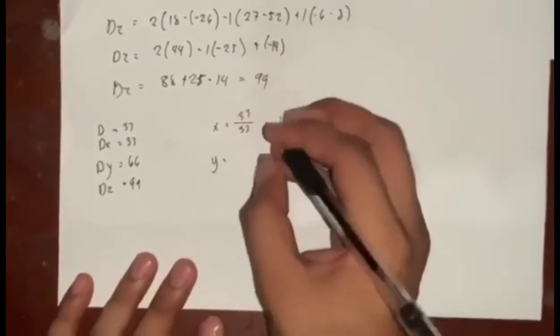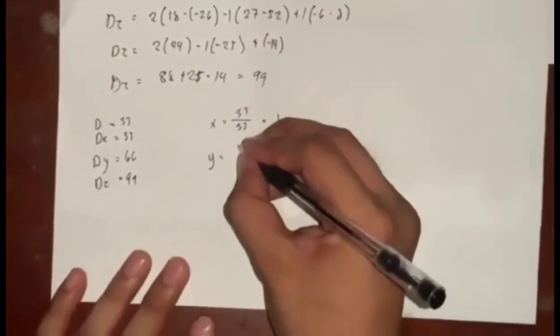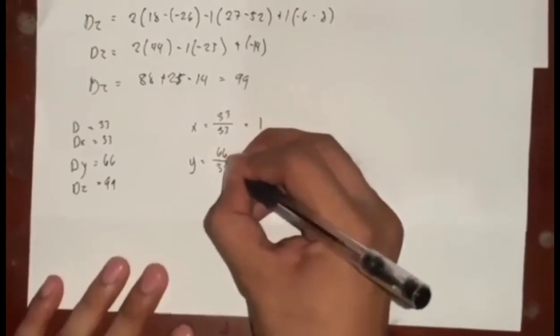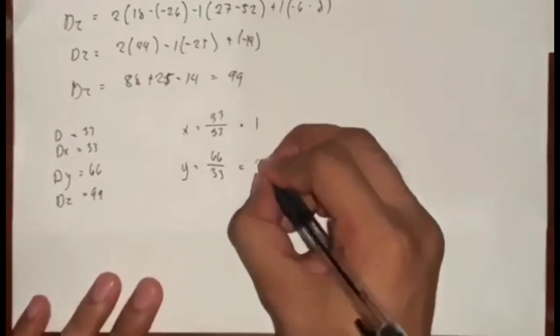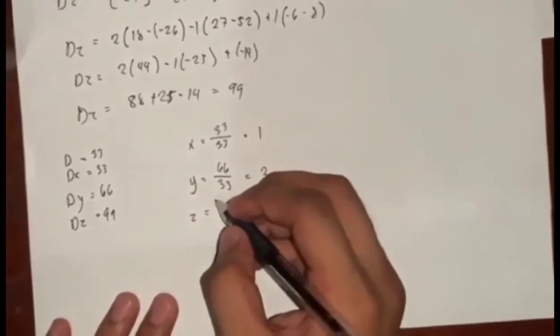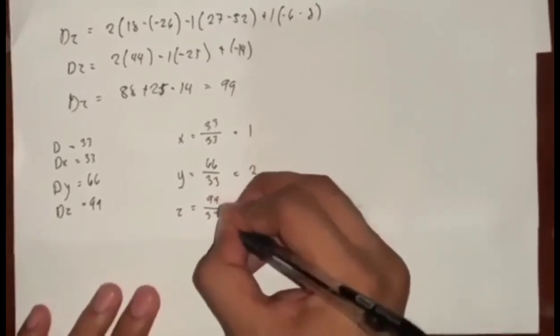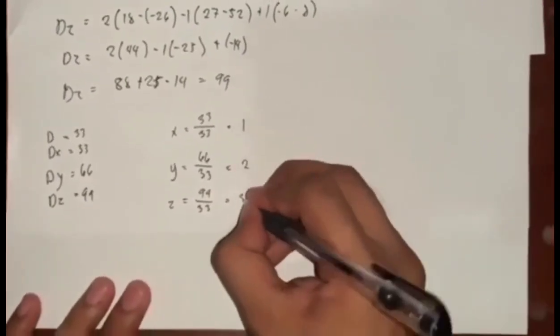Y is equal to dy over d, which is 66 over 33, which is equal to 2. Z is equal to dz over d, which is 99 over 33. 99 divided by 33 is equal to 3.